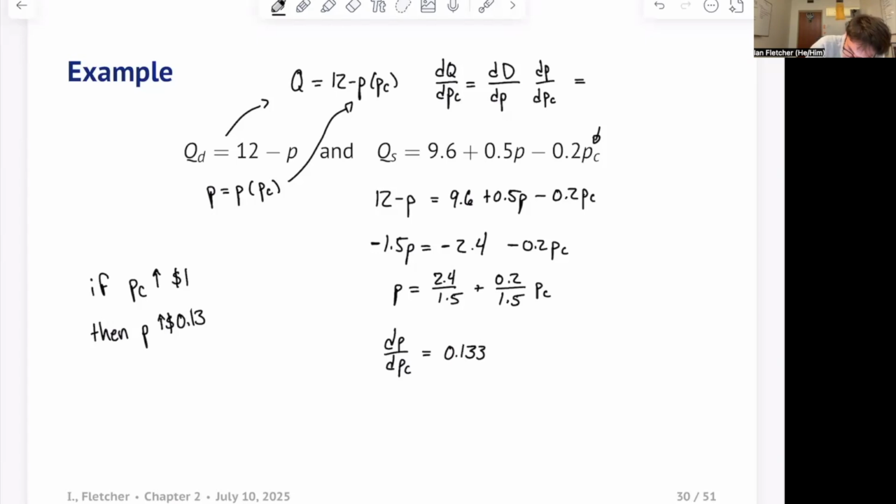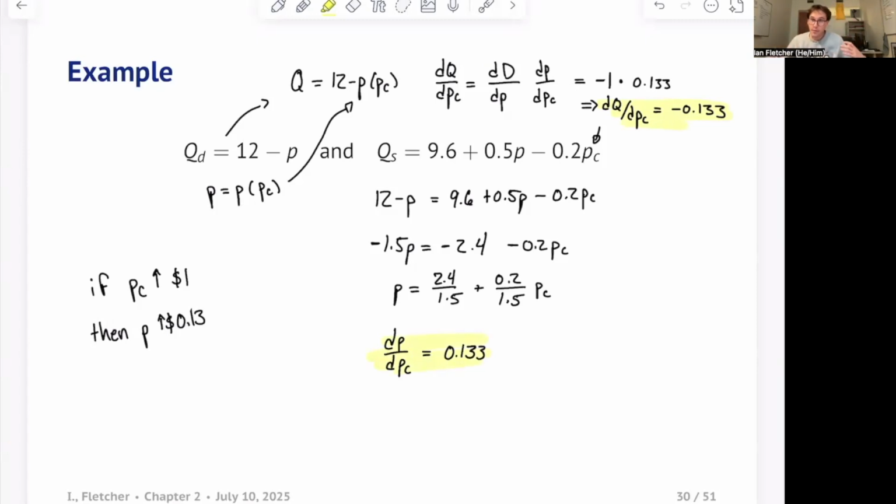But this derivative with respect to P was -1. And then we know that dP/dPc was 0.133. And so dQ/dPc should equal -0.133. And so this is what we would call a comparative static.